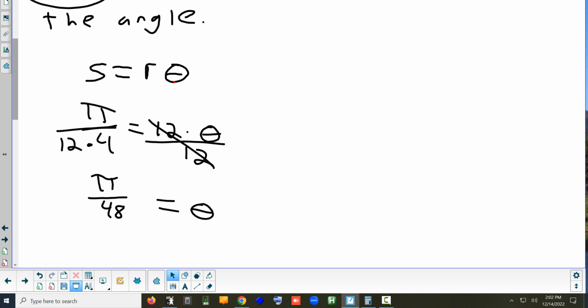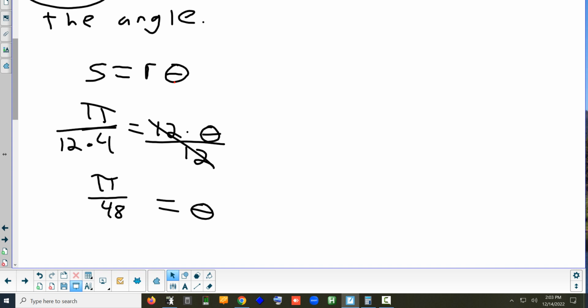And what is that? Pi over 48 what? It's pi over 48 and it's an angle. So what should be the unit on it? Careful, you're mixing things up. Centimeters and degrees, that'd be like if we measured time in seconds or feet.